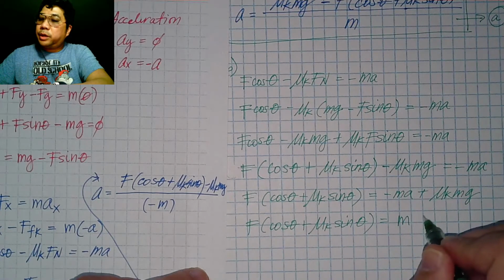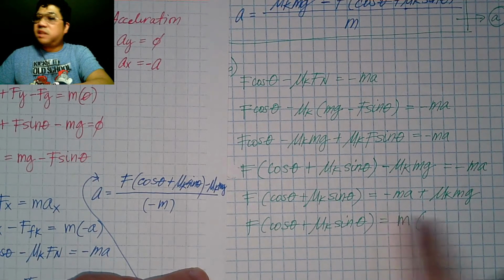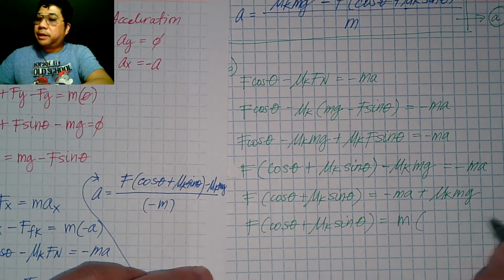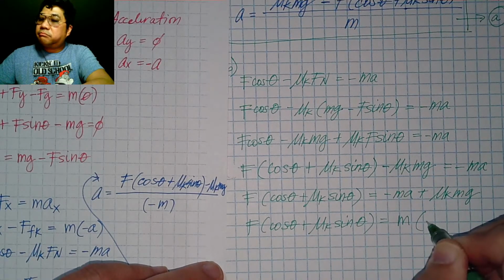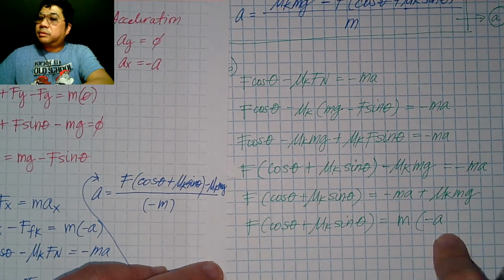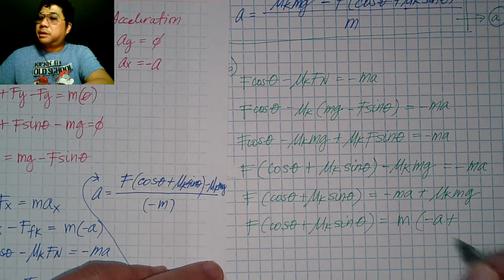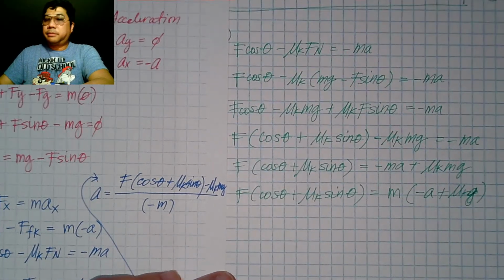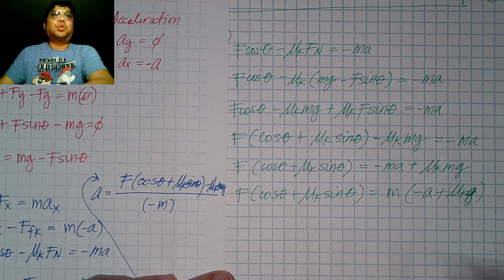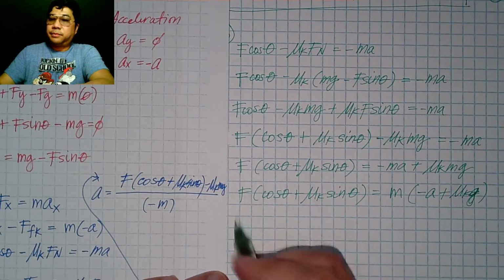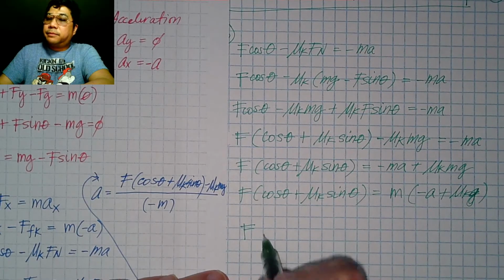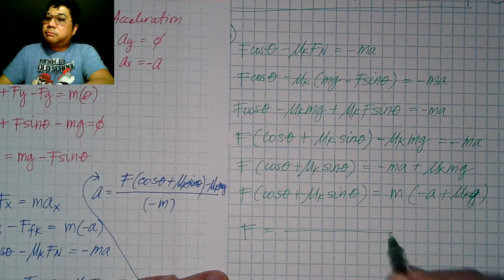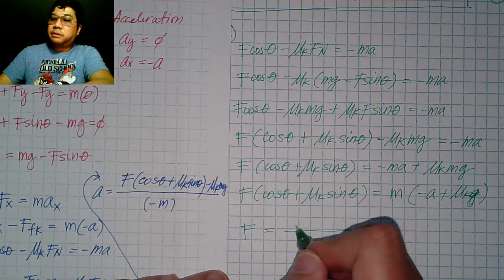Since this is negative, I'll just put it on the other side. I just wanted to keep it so you could see, mu k times g. And let's divide both sides by cosine theta, or the coefficient of f.